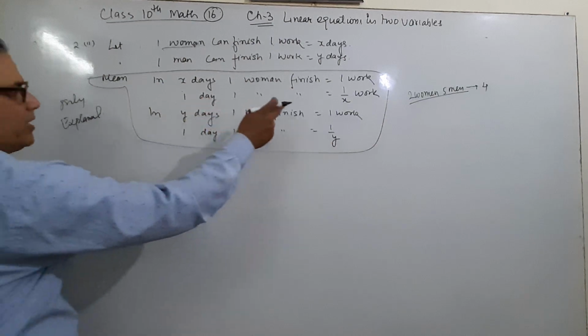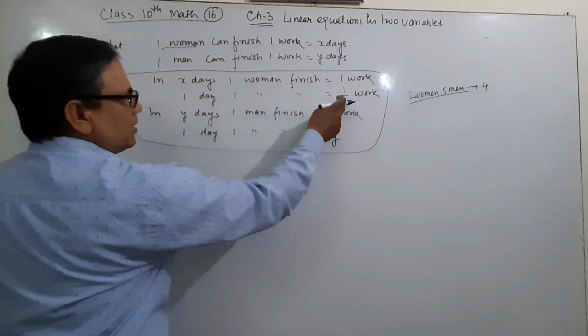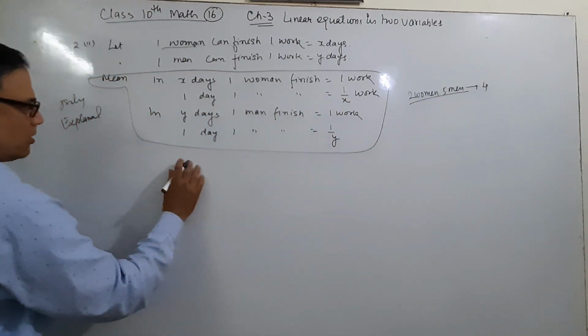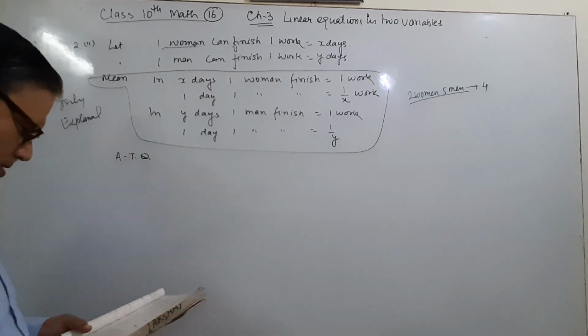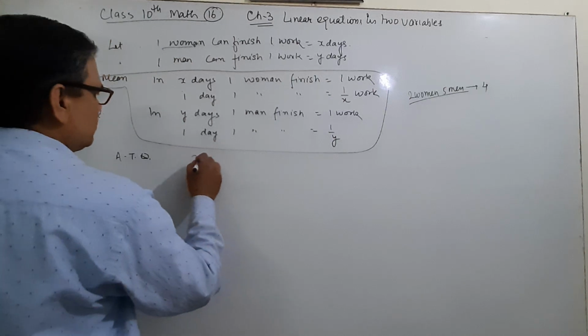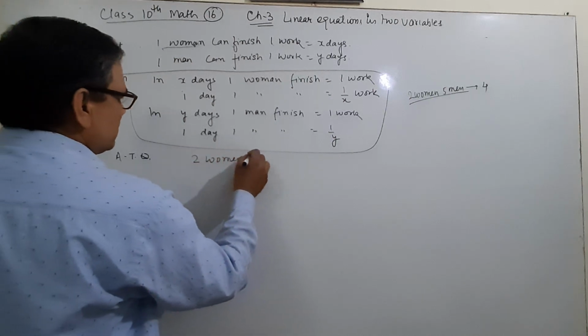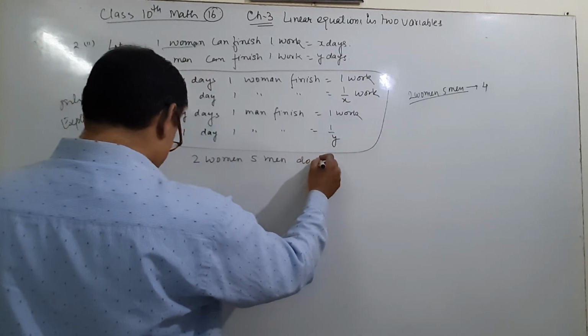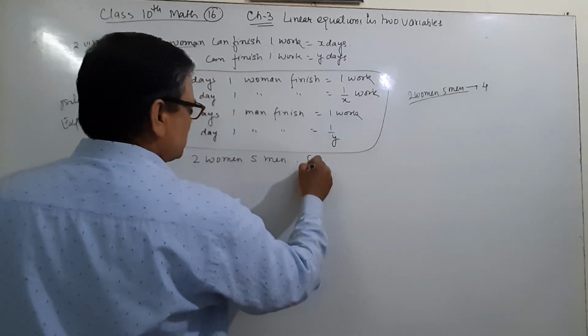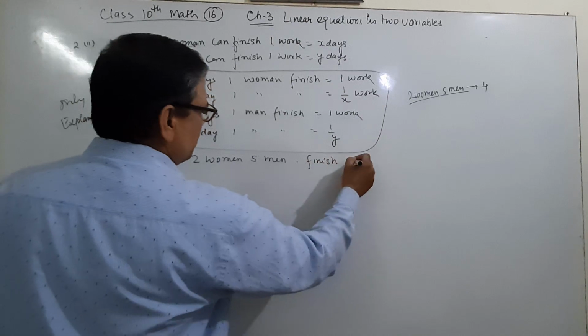In one day, one woman does 1 by x work according to the question. Here are 2 women and 5 men, who finish in how many days? 4 days.